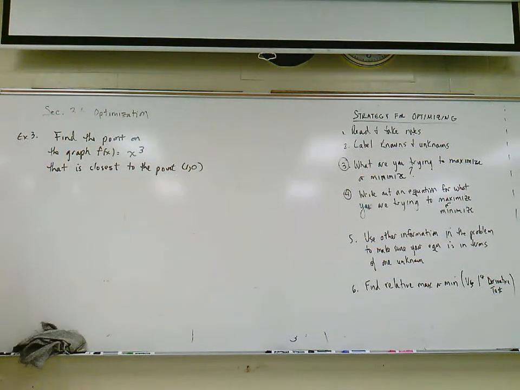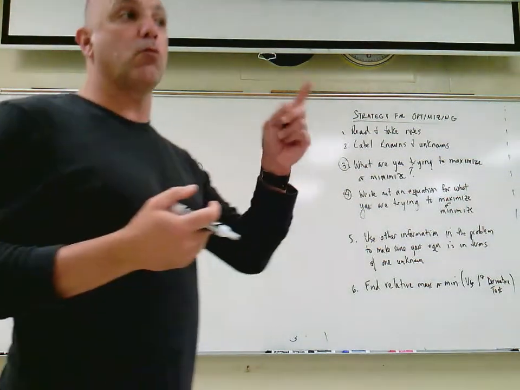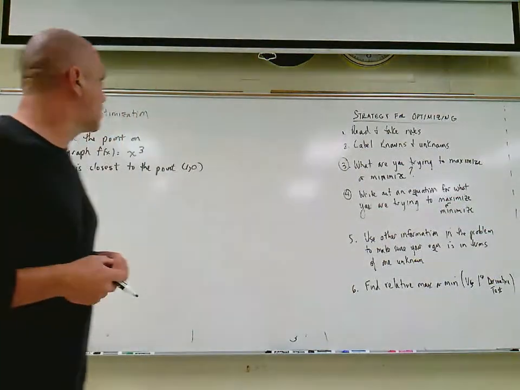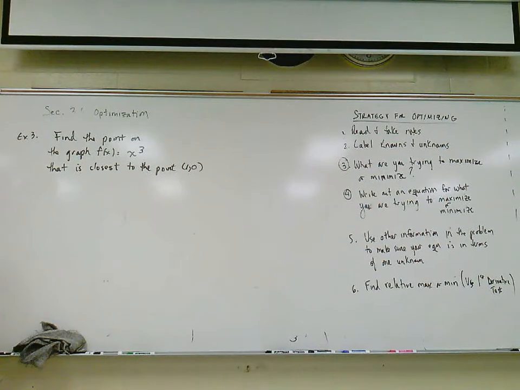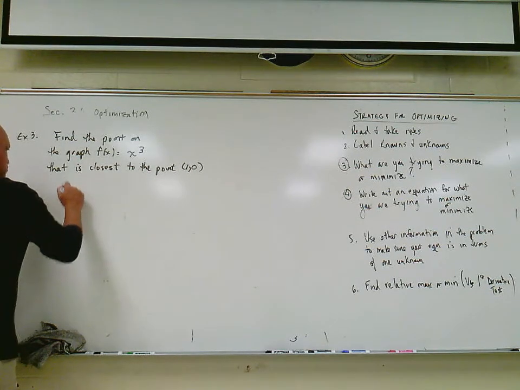Here there's an understood maximum or minimum. You have to figure out what it is. It's not in words, so from this problem you have to read into it what the max or the min is. I'm going to draw this real quick so I can visualize it.